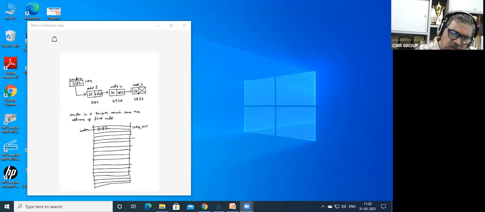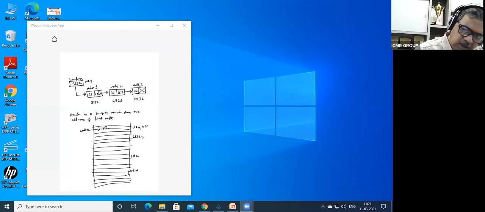Now let us take node 1 at 3182. Let us assume 2832 is here, and 3182 is here, and 4926 is here. So 2832 has two parts.